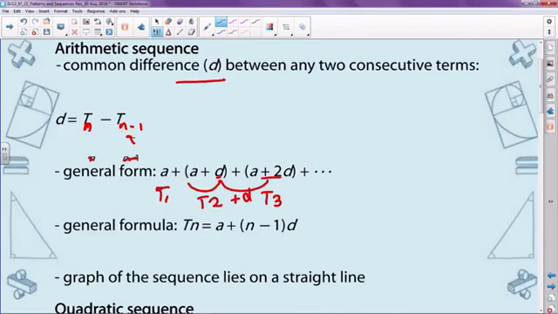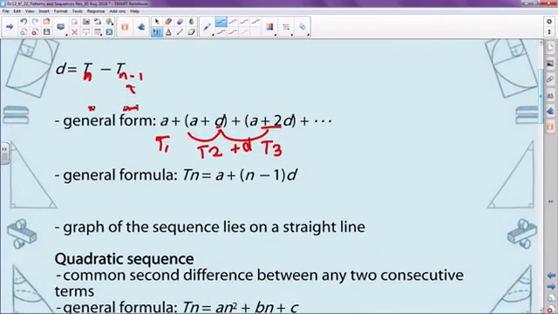The general formula that you'll remember for an arithmetic sequence in order to find any term in the sequence, the general term, is Tn is equal to A plus n minus 1 times D, where A is your first term. The subscript n refers to the term position in the sequence. N is your number of terms or your term position, and D is your common difference.